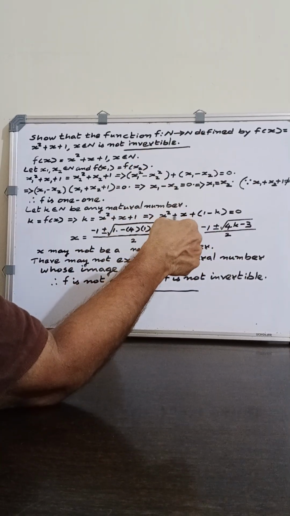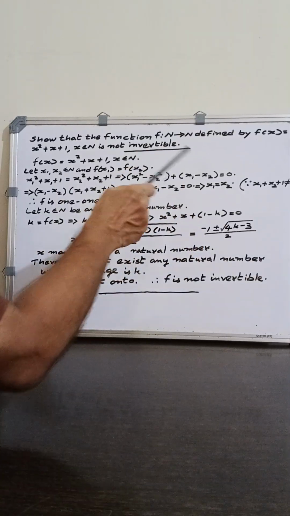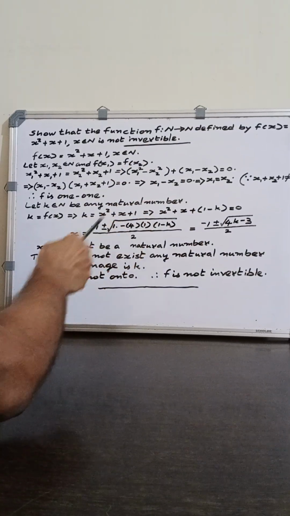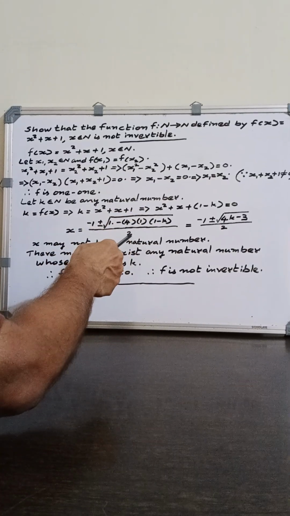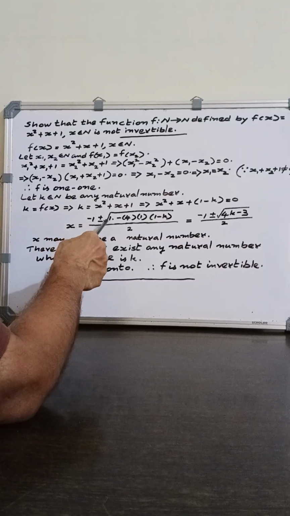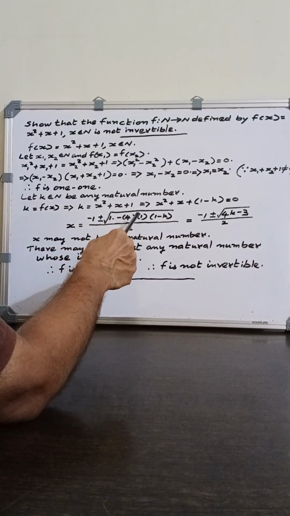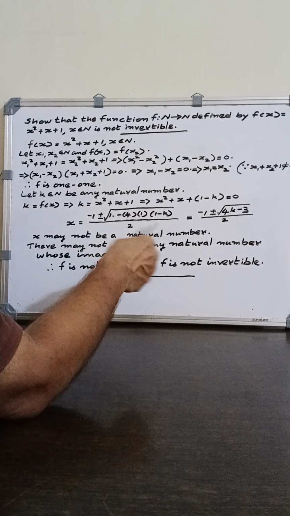We can consider this expression to be a quadratic equation. From this, the solution is x equals minus b plus or minus root of b square minus 4ac, by 2a. That is x equals minus 1 plus or minus root of 1 minus 4 into 1 into (1 minus k), whole by 2.